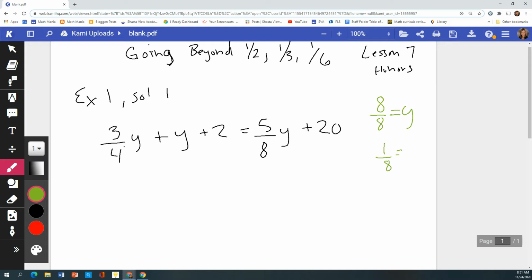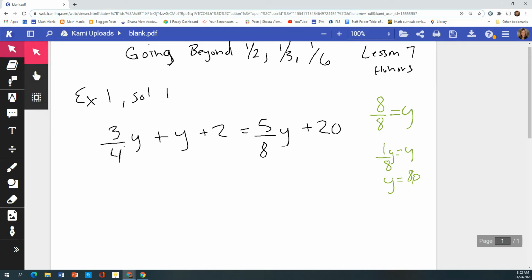So that means that 1/8 y is going to equal y, and that's the same there. So y is going to be partitioned into 8 pieces. Okay, so in order to get one whole y, we need 8 out of 8 that I have above. I wish the pointer was always there where you can see it. 8 out of 8, and then y is the same as 8 pieces.